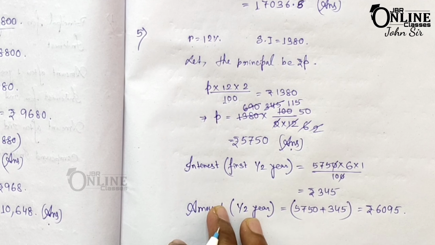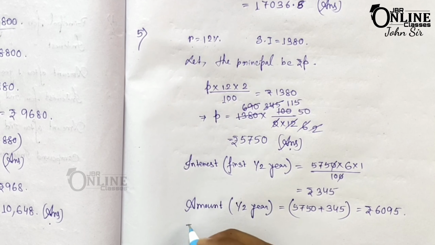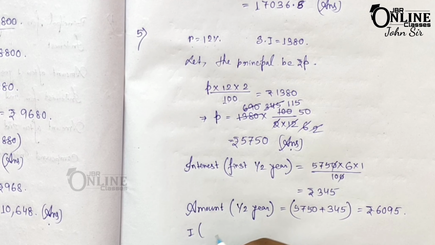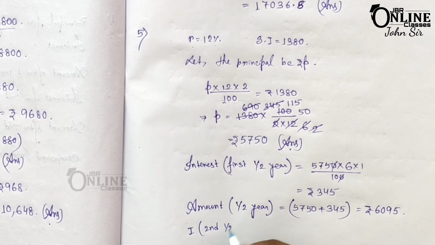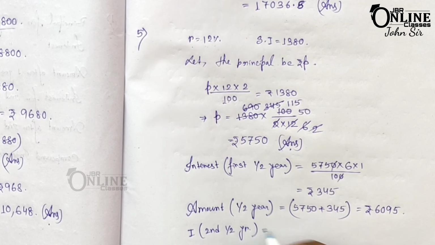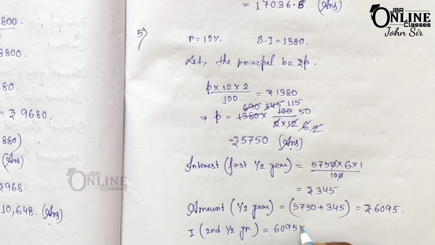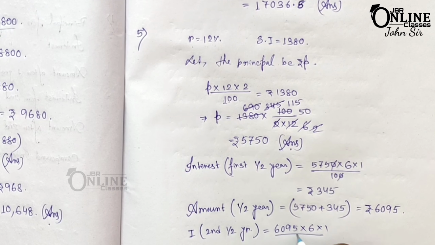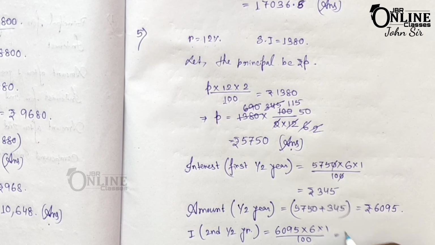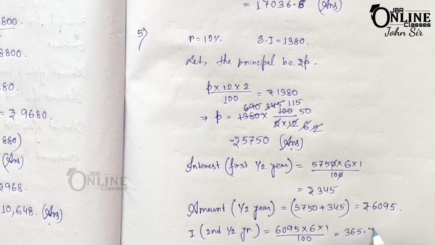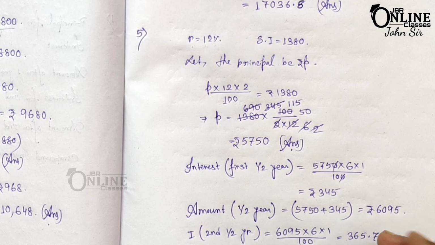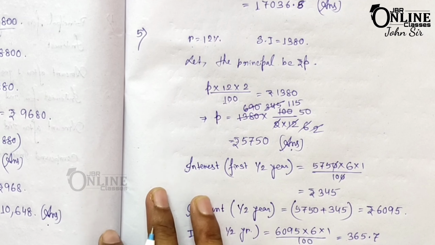Now next we can find the interest for the second half year, and that will be 6095 again at 6%, and that will be 365.7. So 365.7 is the interest for the second half year.